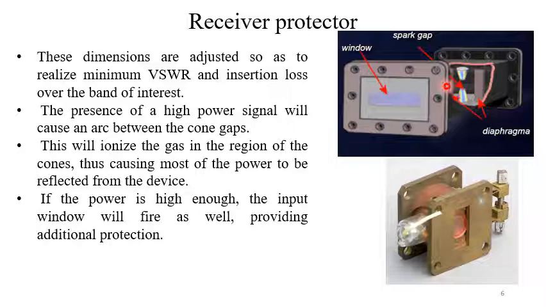So the electromagnetic wave will be reflected from one of the walls instead of going through it. If the power is high enough, the input window will fire as well, providing additional protection.